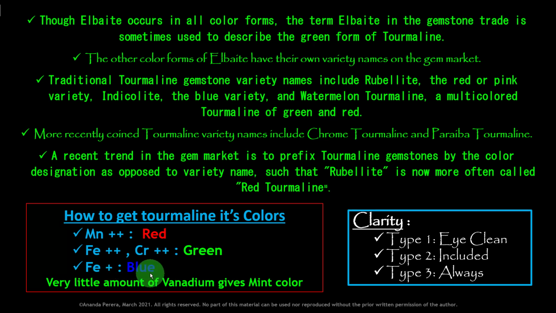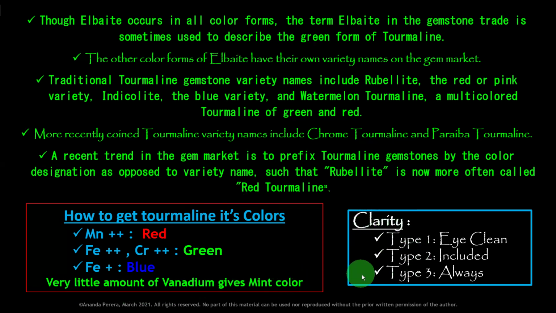Only ferrous gives blue color. A very little amount of vanadium gives mint color. Remember, vanadium-mixed tourmaline is very, very expensive and the color is mint green. You can recognize well. This is how the color occurs.